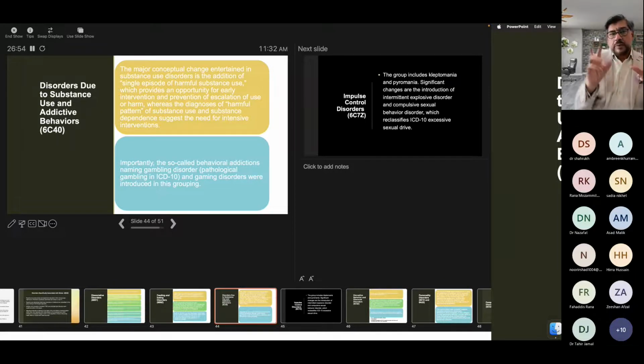Now, if you consider that episode to be a life changer in a person's life, you will label it here across the lifespan, as ICD-11 is going for it. So that is important. Whereas the diagnosis of harmful pattern of substance use and substance dependence suggests the need for intensive intervention.